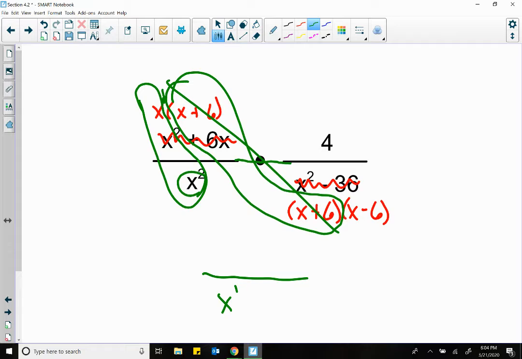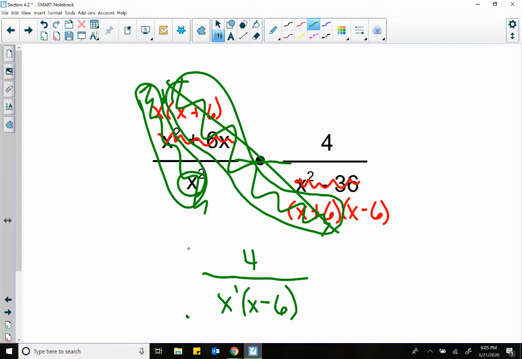Remember, this war was taken care of, so you don't have to worry about that anymore. So what's left up at top? I've got a 4. What do I have left in the bottom? Well, we know that we had the x from the war, and then we've got this x minus 6. And there is your answer.